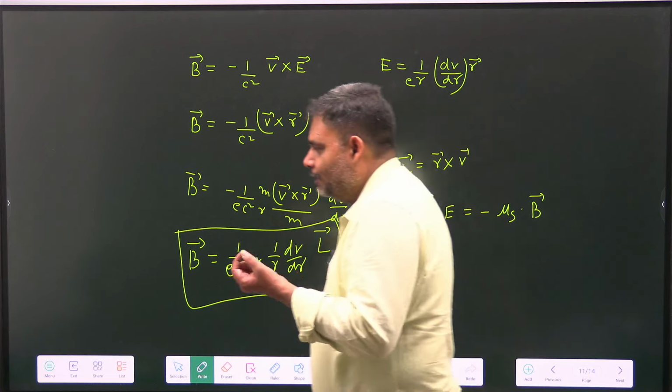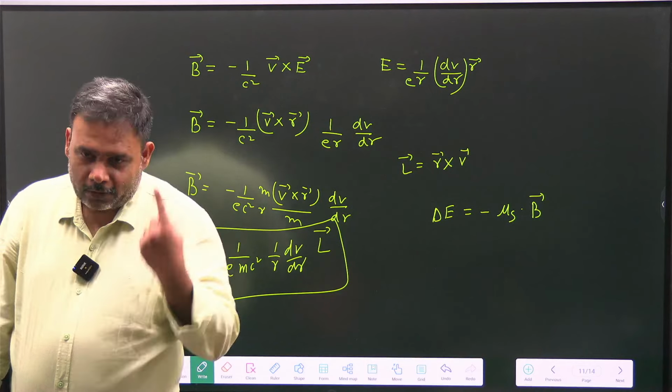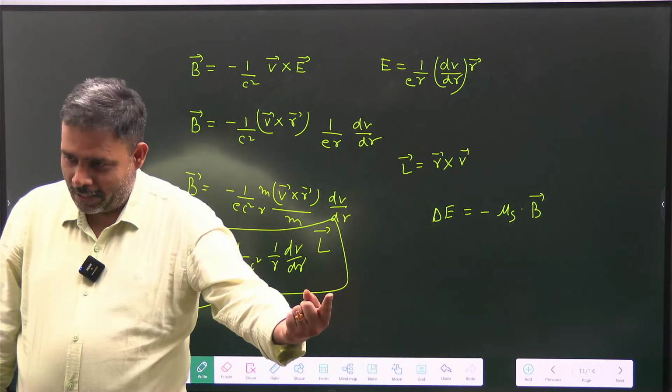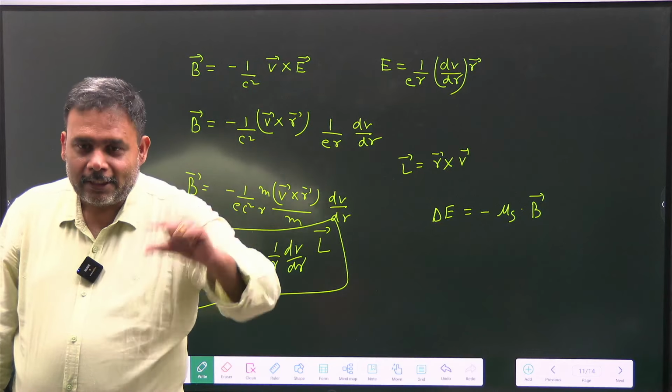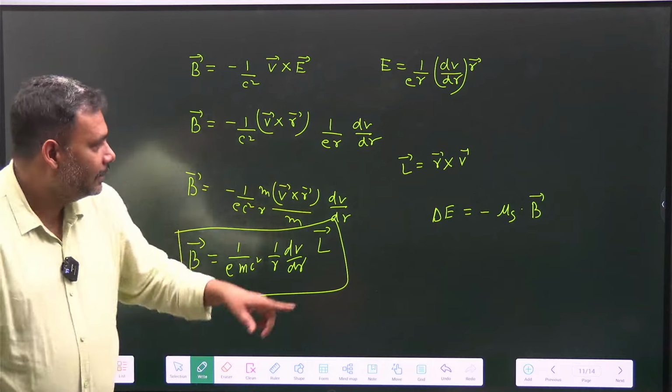For any charged particle that has a magnetic moment, if you put it into some magnetic field, then obviously there is a change in interaction energy, and that interaction energy is equal to what?